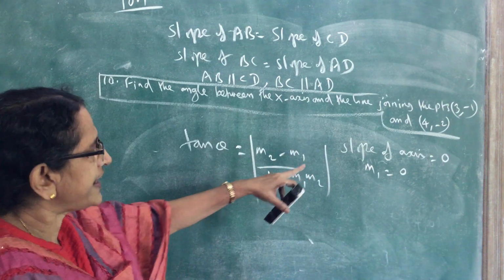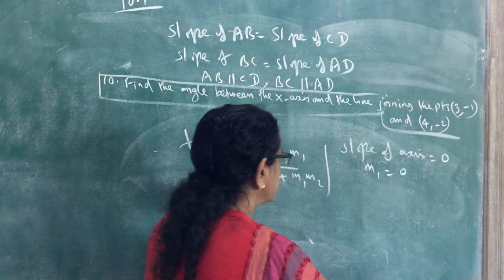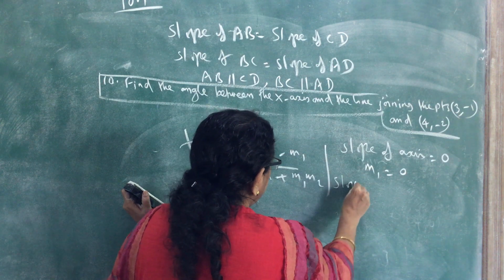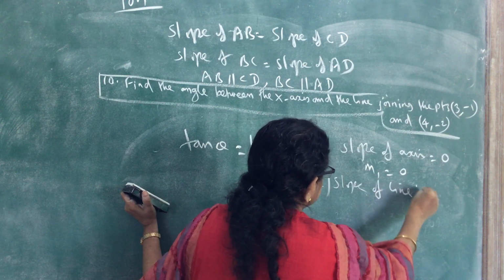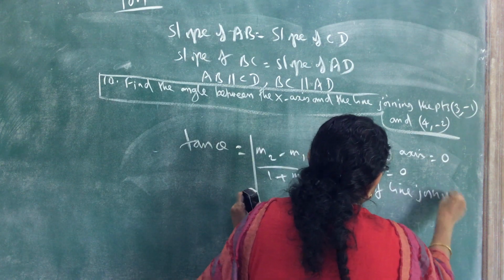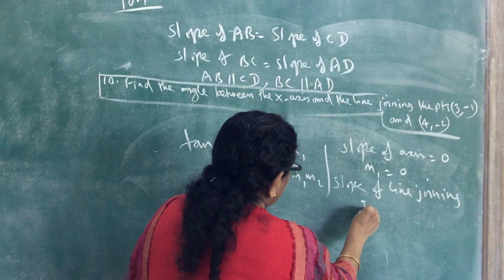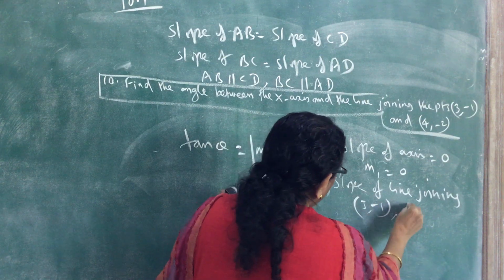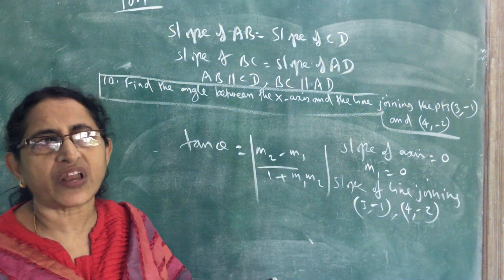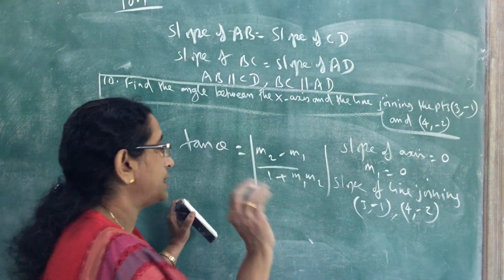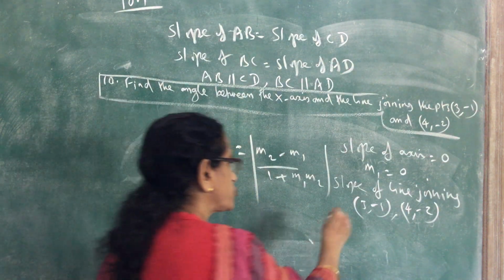Now the slope of the second line, that is the line joining the points (3, minus 1) and (4, minus 2). We can use the formula y2 minus y1 by x2 minus x1.